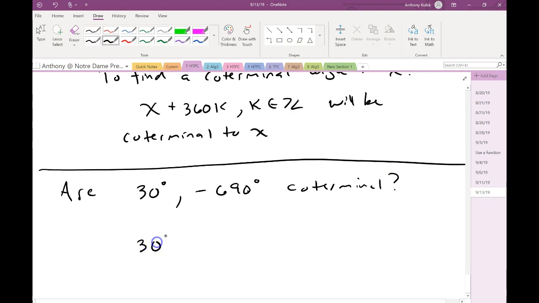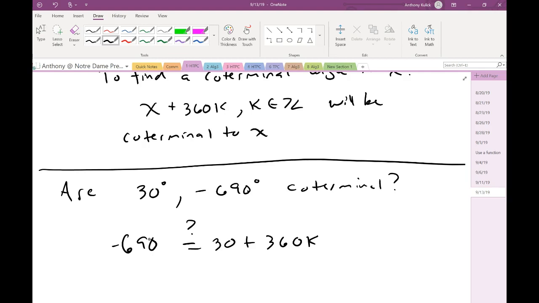So what I can do is say, does negative 690 equal 30 plus 360k? If I take this equation and solve for k, if I get an integer value, I would say yes, they are coterminal.